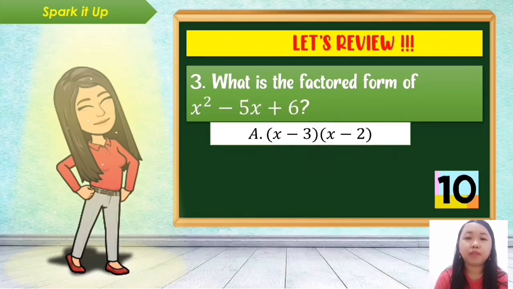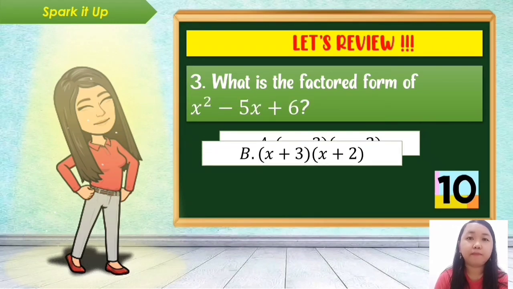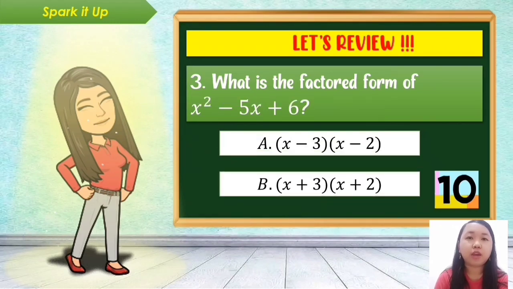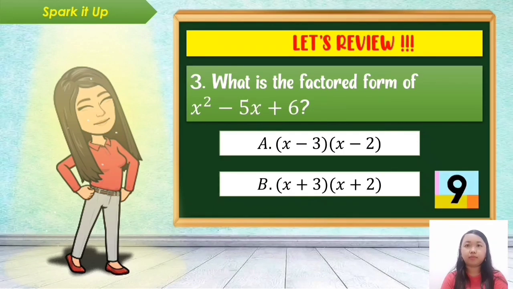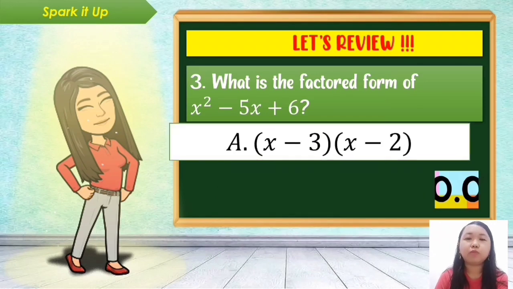A, x minus 3 times x minus 2, or B, x plus 3 times x plus 2. The answer is letter A, x minus 3 multiplied by x minus 2.